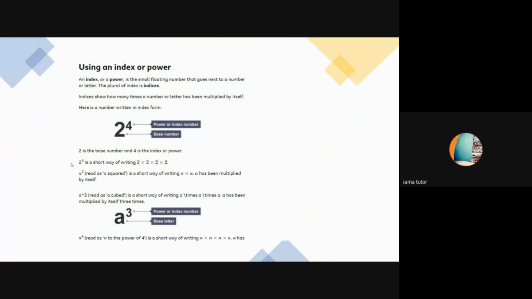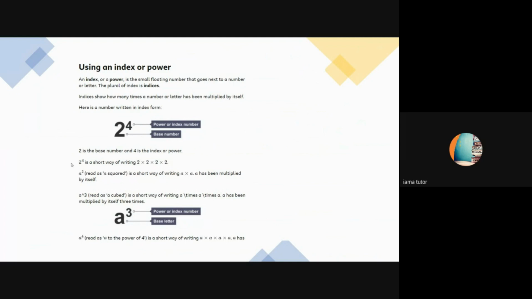Perfect. Similarly, the same holds for a letter as well. A with index 3 means A is multiplied by itself 3 times. That means A times A times A, which is A to the power 3, or we can say A raised to the power 3, or A cubed.